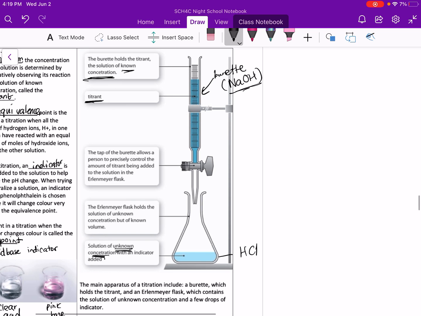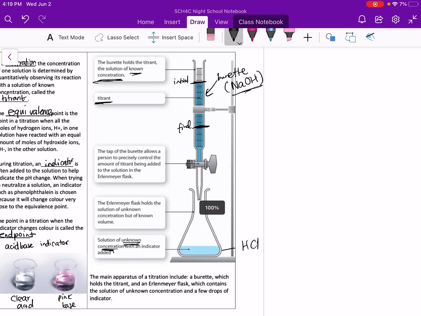We would record the initial volume, and let's say we stopped over here, we would record the final volume, and we would use that to solve our mathematical equations like we saw in the previous videos.